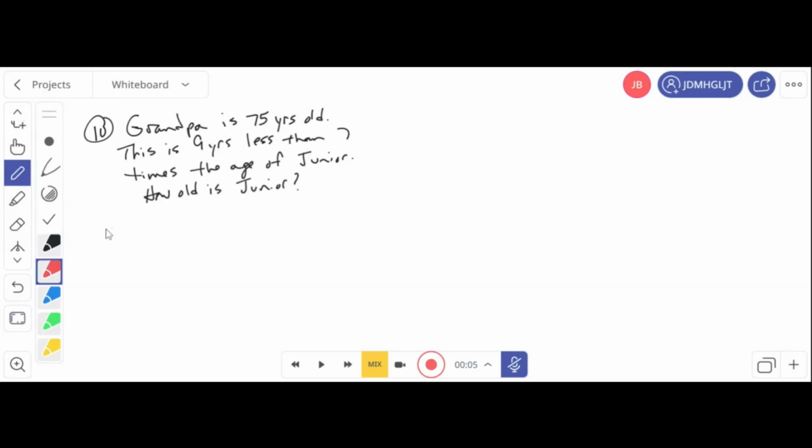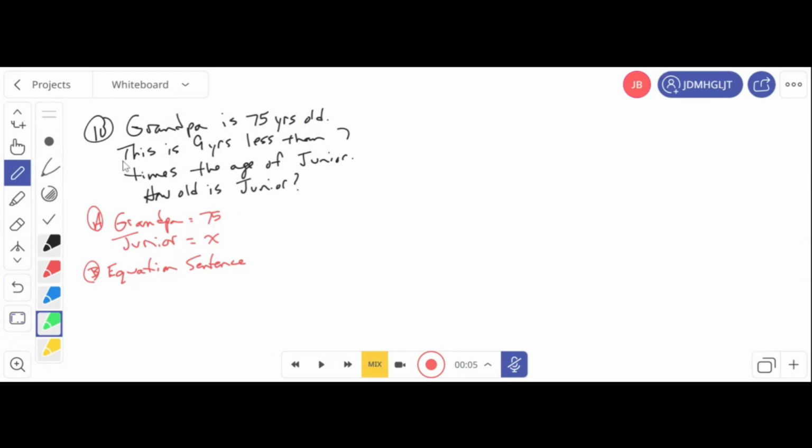Let's see how you did. In this problem, we're talking about two people. We're talking about Grandpa, and we're talking about Junior. They tell us that Grandpa's age is 75. We're trying to find out how old Junior is. We'll call that X. Find the equation sentence. It is not Grandpa is 75 years old. That's part of the information.